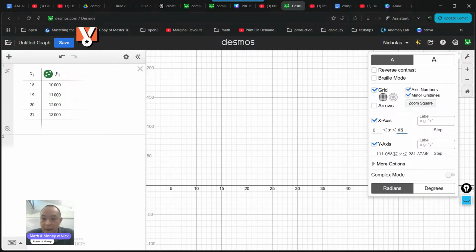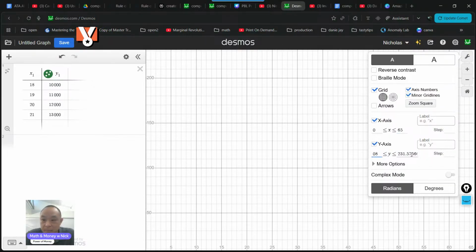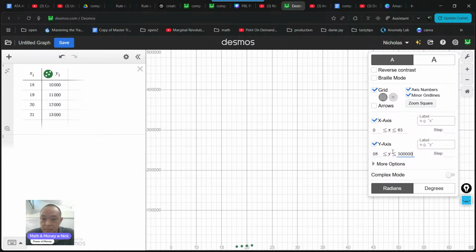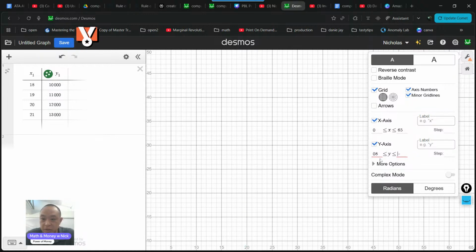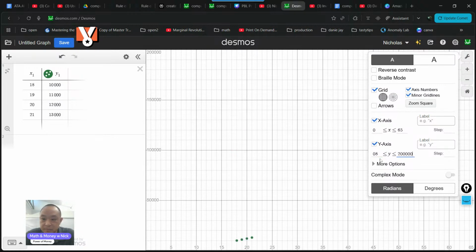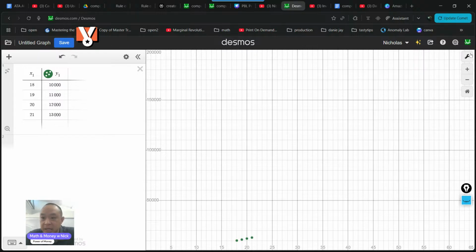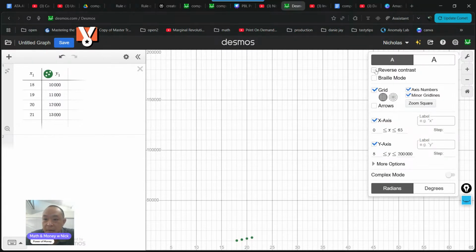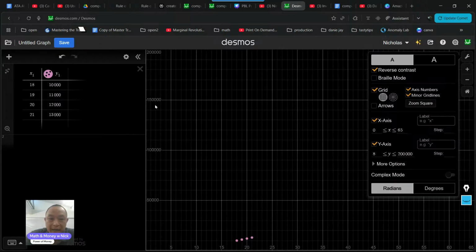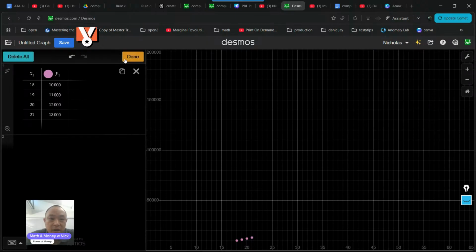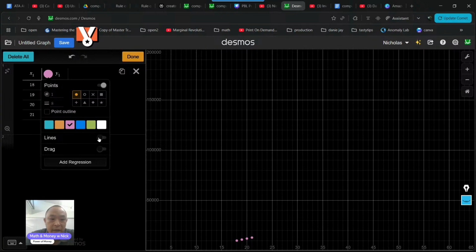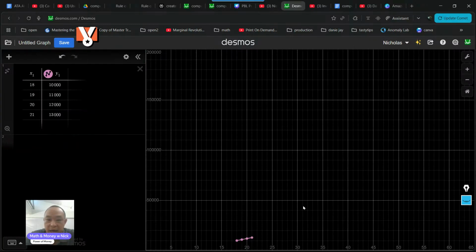And then we'll make our y-axis go from 0 to, let's say, 200,000. And if you want to connect the lines, you could just click on this, choose the color, and then choose lines, and you'll see the lines being connected.